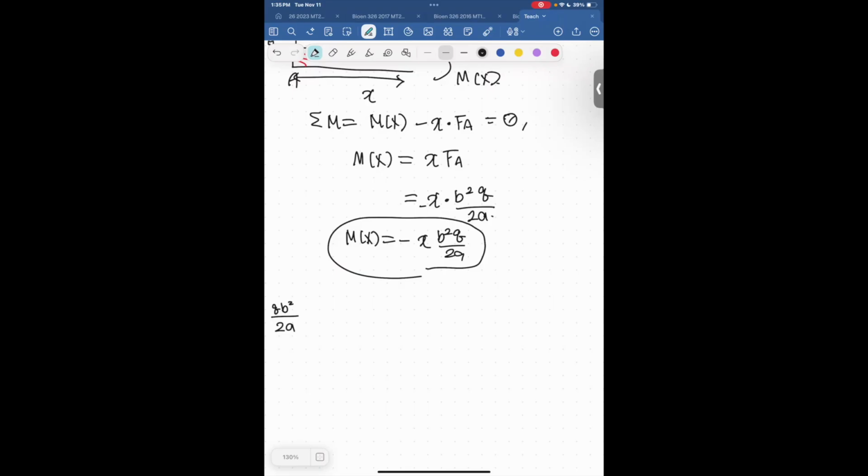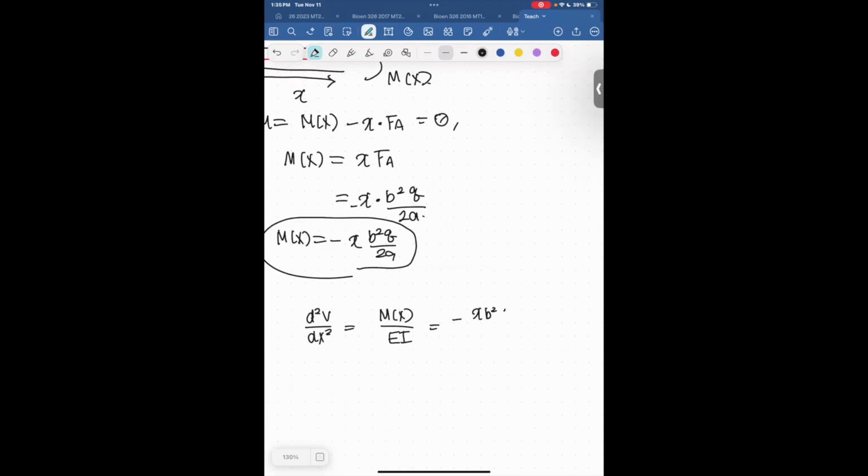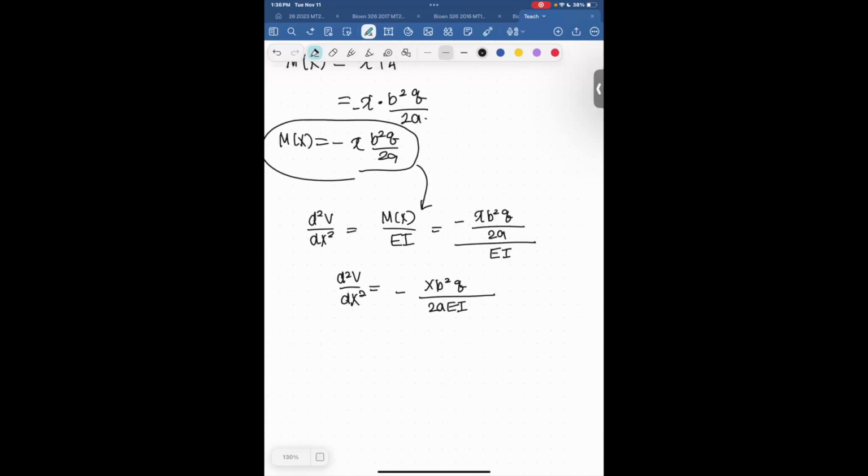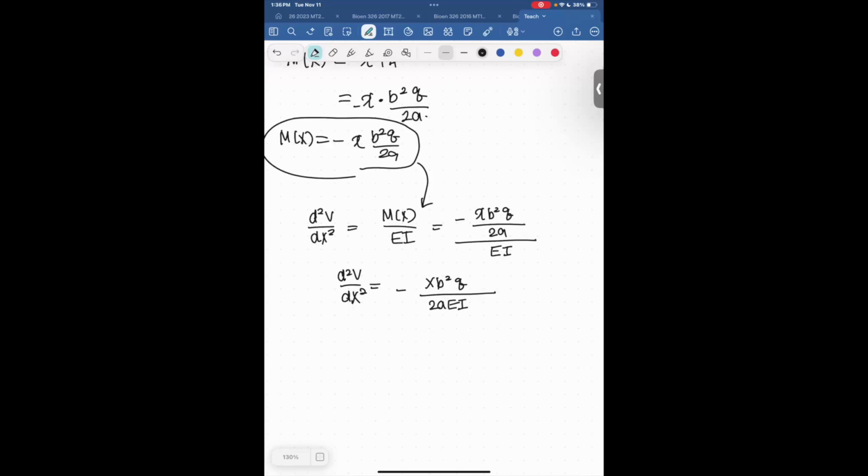Now that we have the Mx, we can write the small angle beam equation. And we want to know deflection, and deflection equals Vx, which means we need to take a double integral of this equation to get Vx, right?